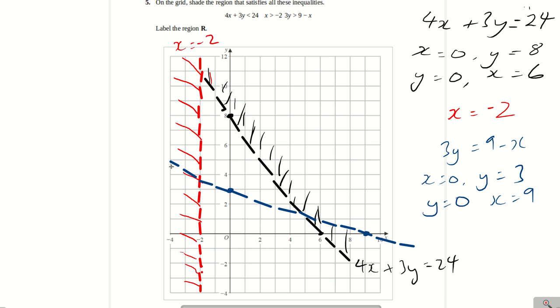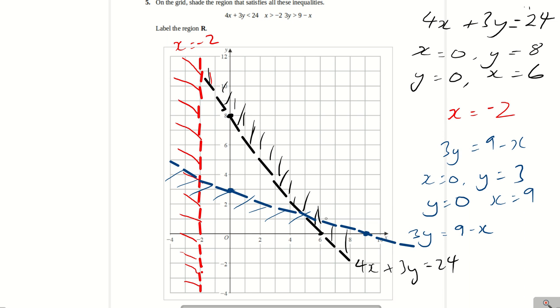I haven't drawn it brilliantly, but I think you get the idea. And that's the line 3y equals 9 minus x. We want points that are above that line, so we shade out the points below the line like that.